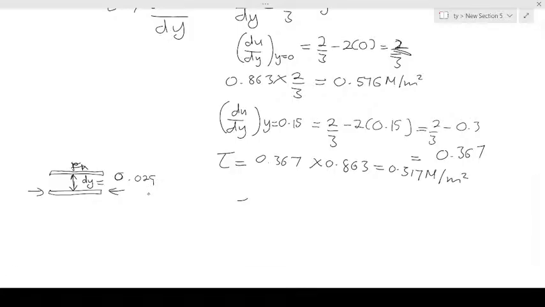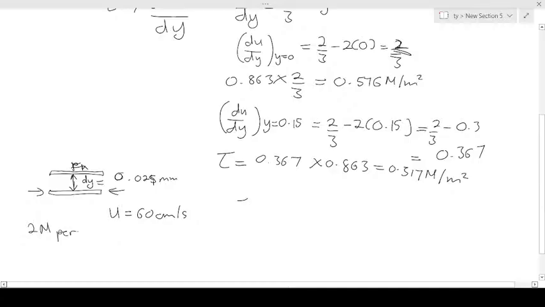Which is 0.025 millimeters, and it moves at a speed of 60 centimeters per second. So that means our u velocity is 60 centimeters per second, and it says that it requires a force of 2 newtons per unit area to maintain the speed.